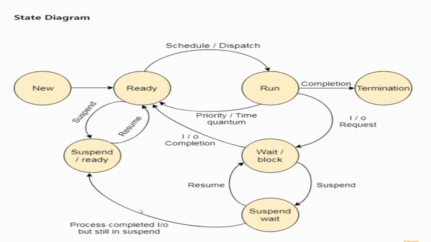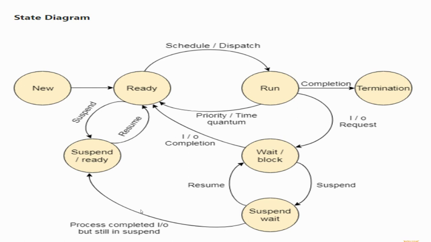So immediately when a process engaged with the CPU receives an IO request, that is, an input output request, you can see that an arrow is connected from the run state to the wait or block state, where that process will be preempted and sent to the wait or block state.